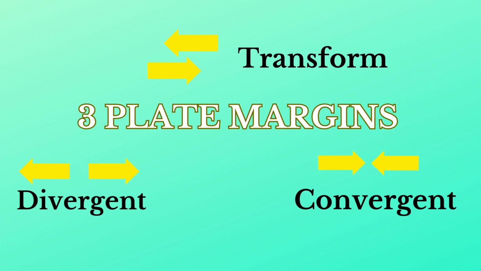At divergent plate margins, the plates are moving away from each other. At convergent plate margins, the plates are moving towards each other.